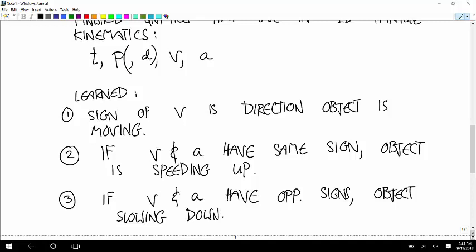So if you have any acceleration and the velocity is zero, then it's speeding up in one direction or the other. It's speeding up in the direction of the acceleration sign. And then what happens if the velocity is something and the acceleration is zero? Is it speeding up or slowing down? Neither. That's a constant velocity. Yep.